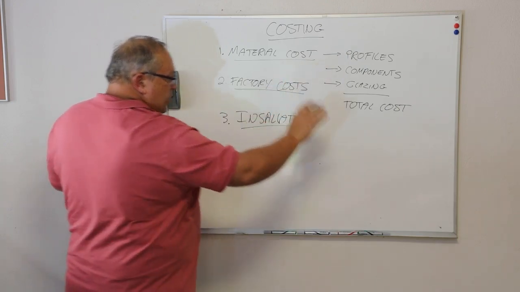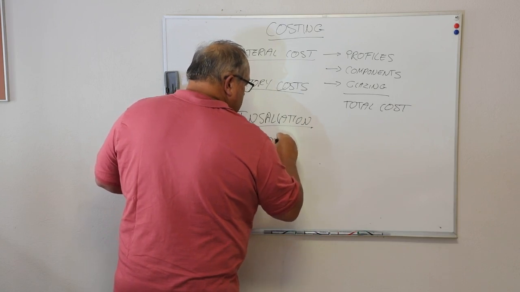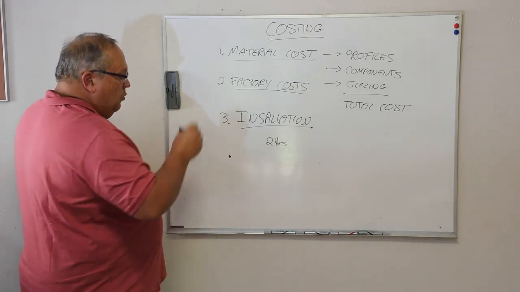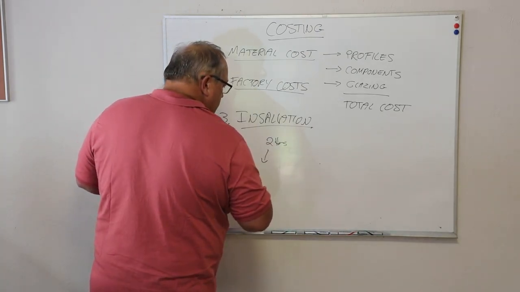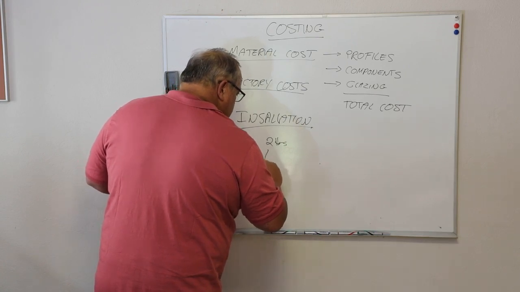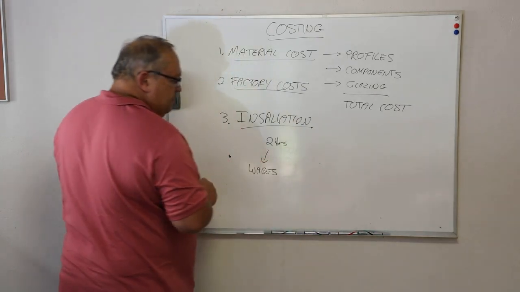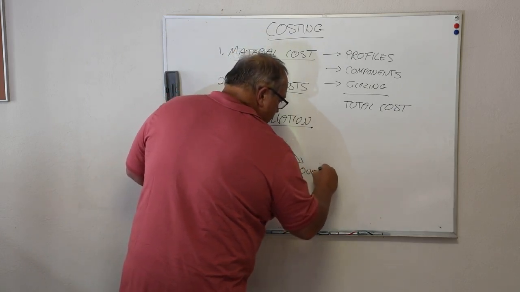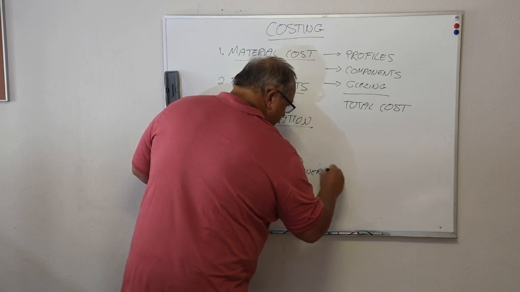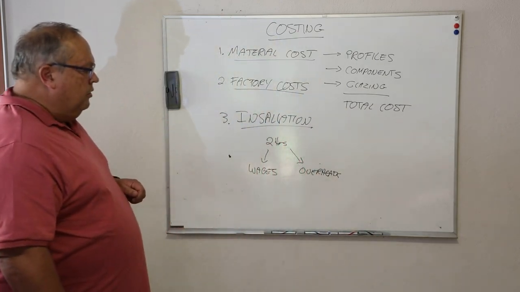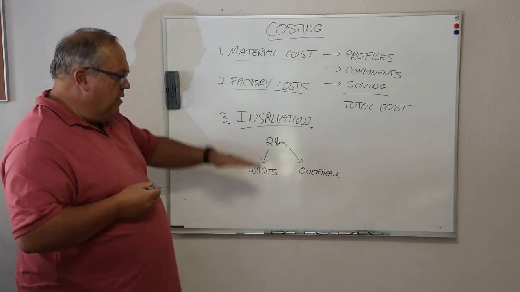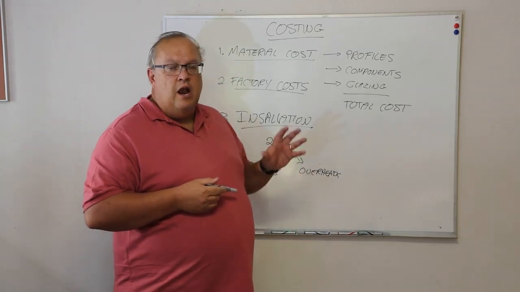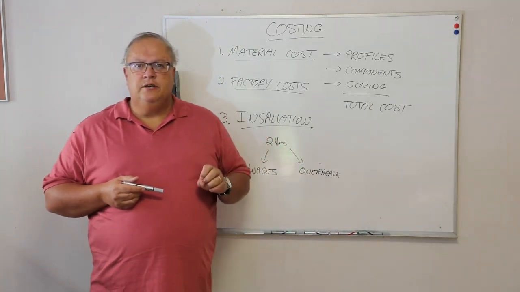So on this particular window, let's say we're going to allocate 2 hours for that window to be installed. Once again, those 2 hours are going to be broken into what are the wages that we have to pay for those 2 hours and what are my overheads. The wages become a function of what I'm paying my installers to do that work. And my overheads, now I need to identify what my installation overheads are.